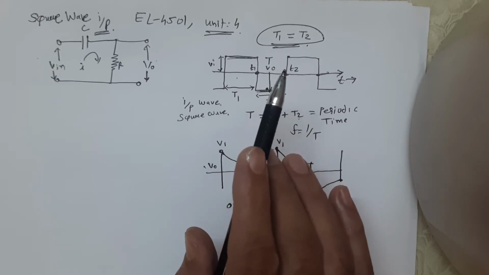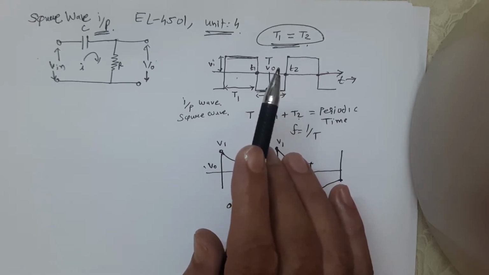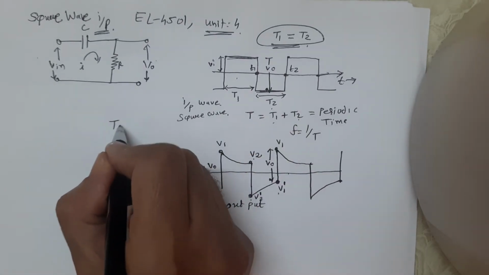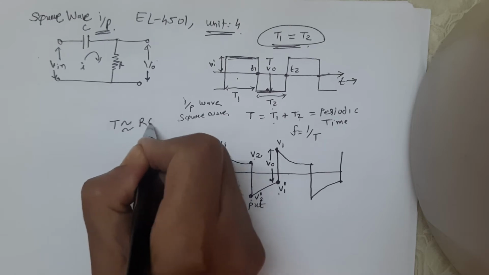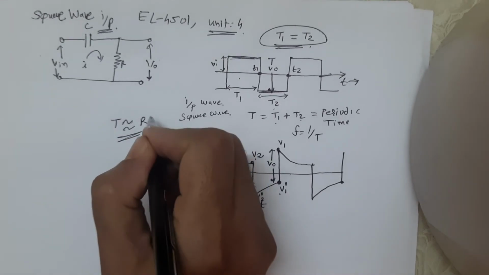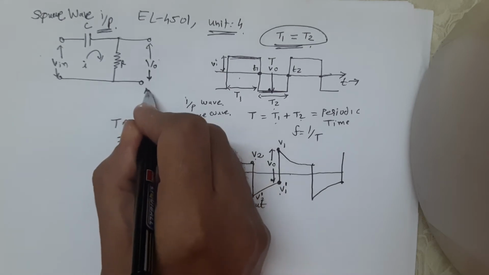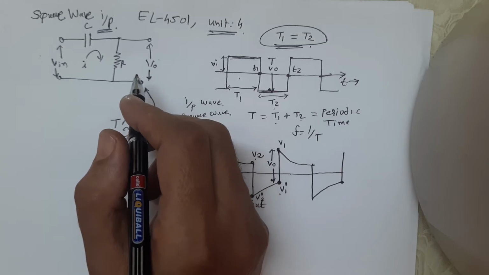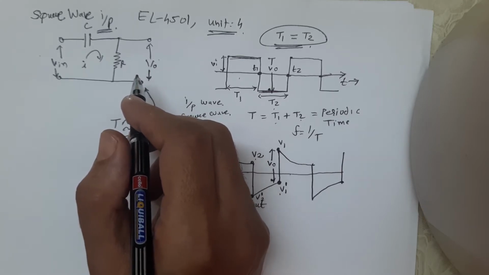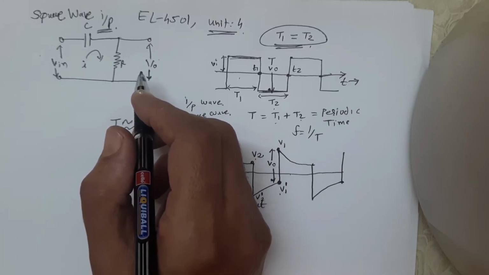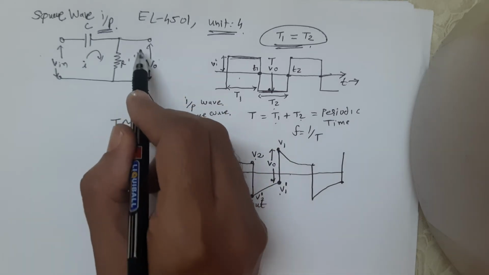Let us consider that this square wave having a period comparable to the RC value of the circuit is applied at the input of our figure 1.